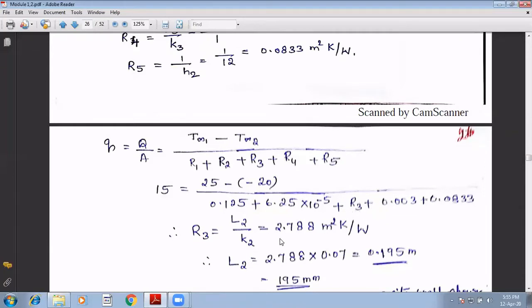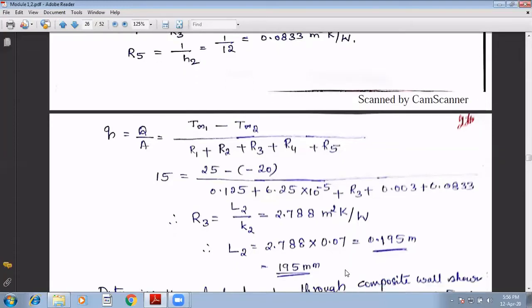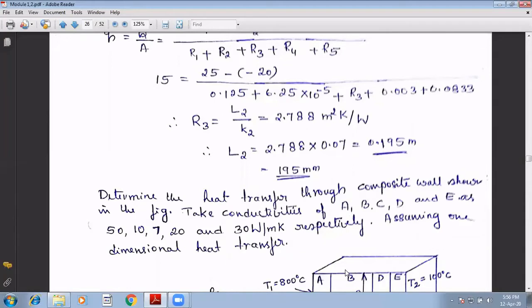So R3 you will get 2.788, but R3 is nothing but L by K2 into A. Again A is 1, so L2 will be this multiplied by K2, which is 0.195. It is in terms of meters, or it will be 195 mm.